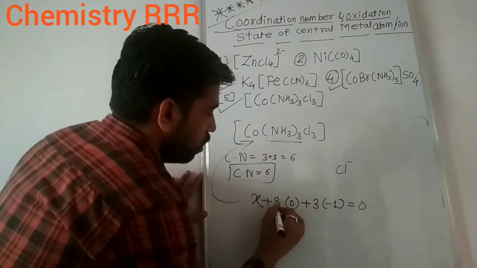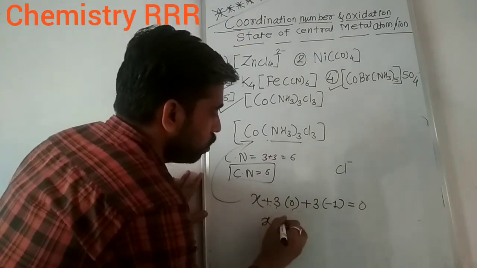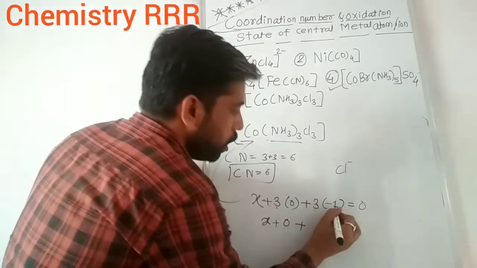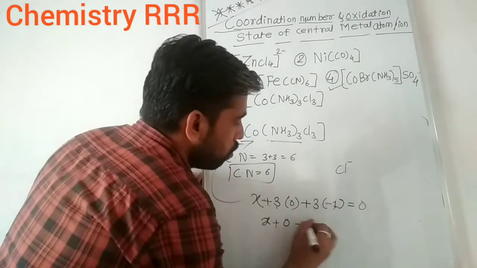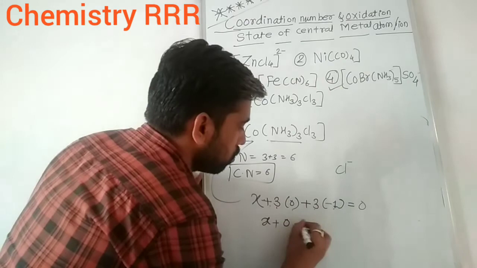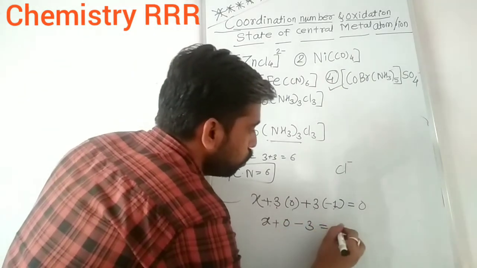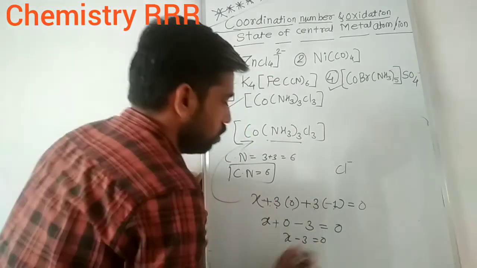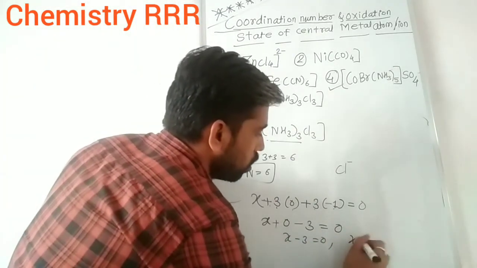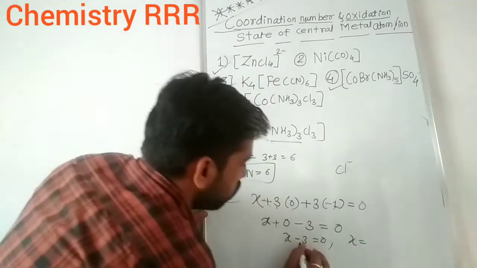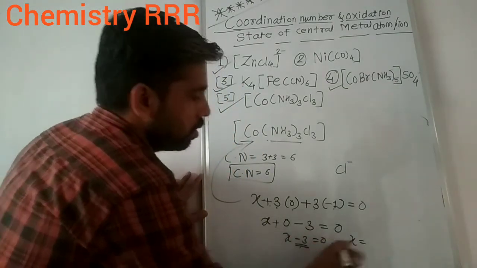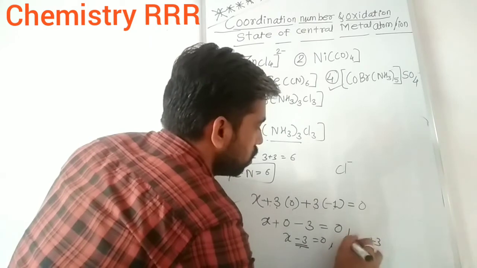X plus 3 into 0, that is 0, plus 3 into -1, that is -3, which is equal to 0, that is, X minus 3 equals 0. So X is equal to, when -3 is transferred to the right side, +3.